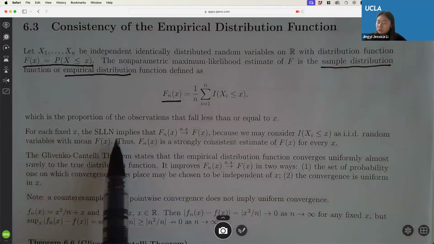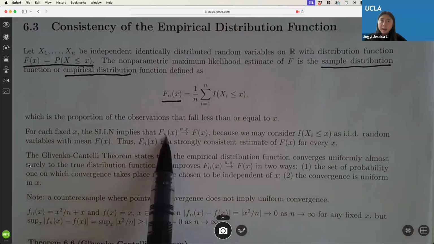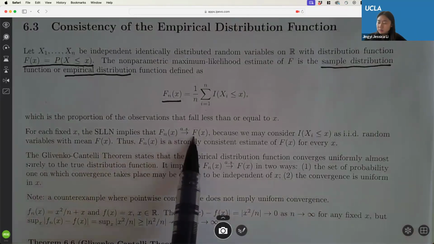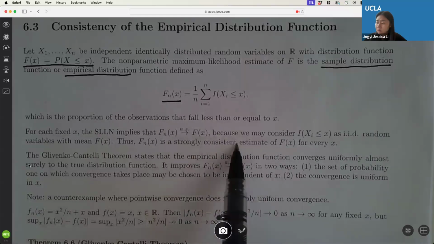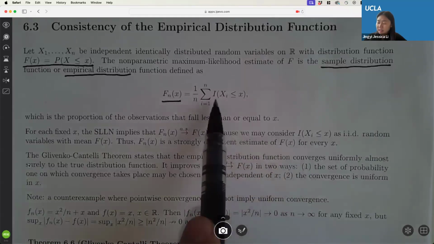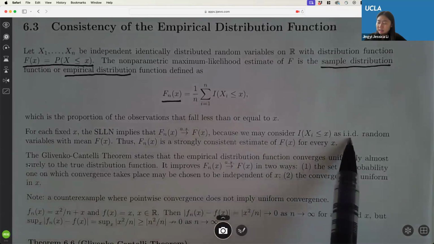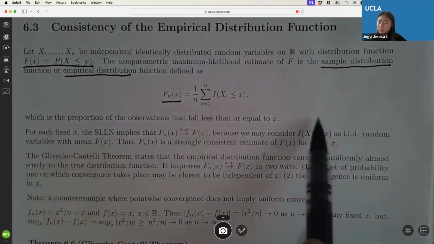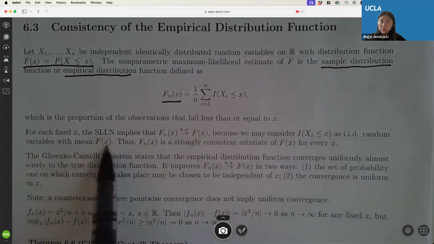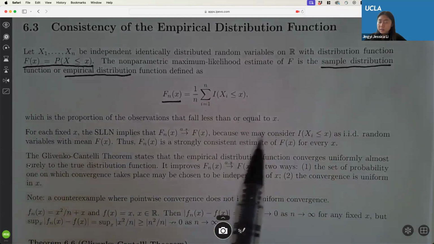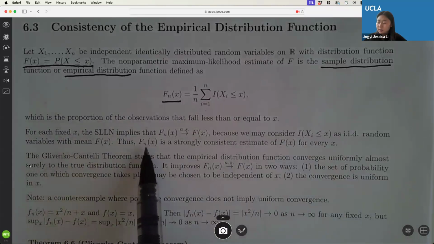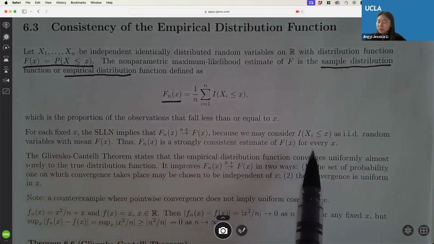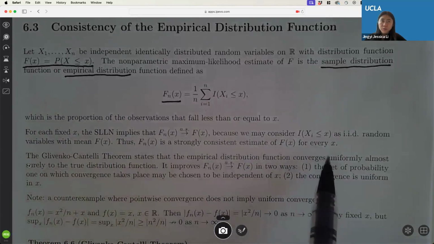So for fixed x, the strong law of large numbers implies Fn(x) converges almost surely to F(x), because we may consider the indicator function as IID random variables with mean F(x). The sample mean converges to the population mean. Therefore, the empirical CDF Fn(x) is a strongly consistent estimator for F(x) for each small x.